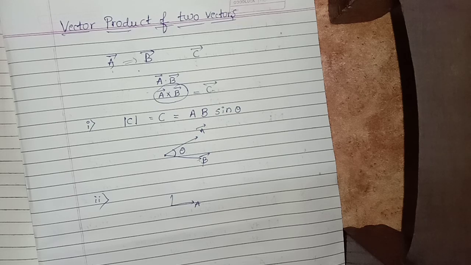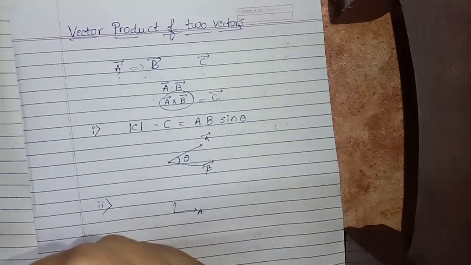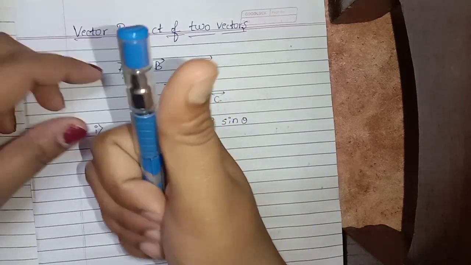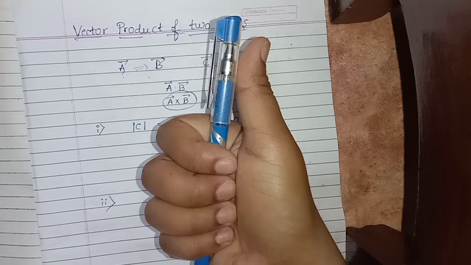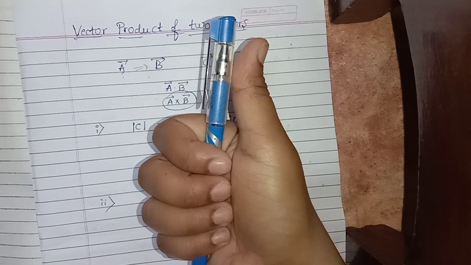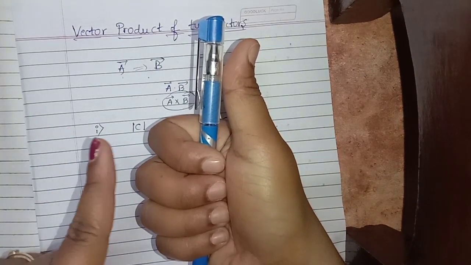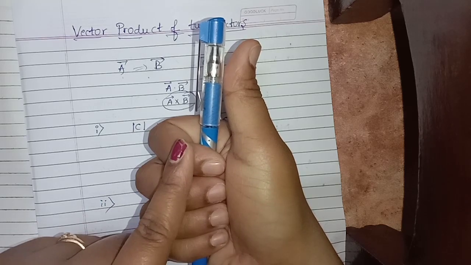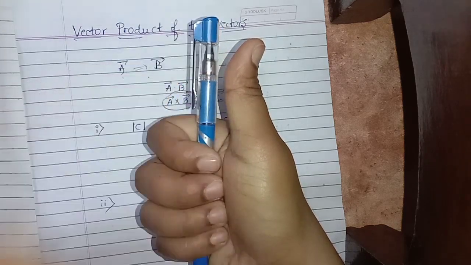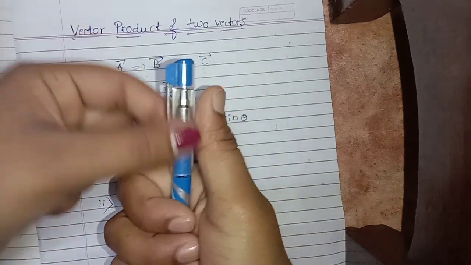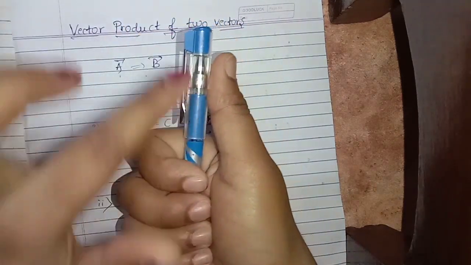If the fingers of your right hand are curled in one direction, then the thumb represents C. Consider this pen as one conductor I am holding in my hand.